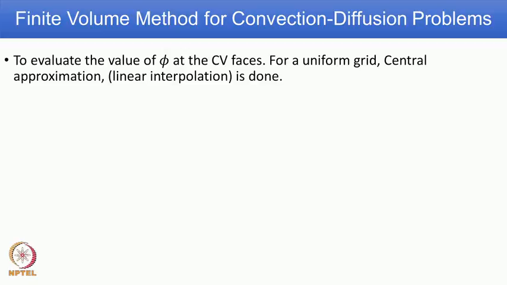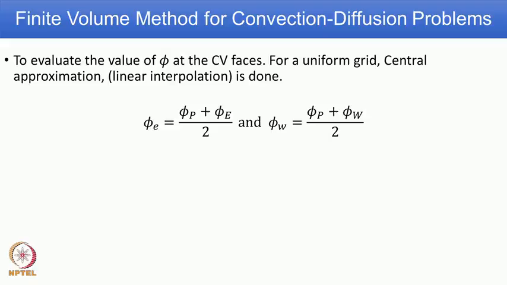We have an additional term, that is the variable phi itself at control volume faces. So, for a uniform grid arrangement, again linear type of interpolation can be used. So, phi defined at the east face is evaluated from phi at the node of interest P and phi at E. So, it is a linear approximation or central type approximation.